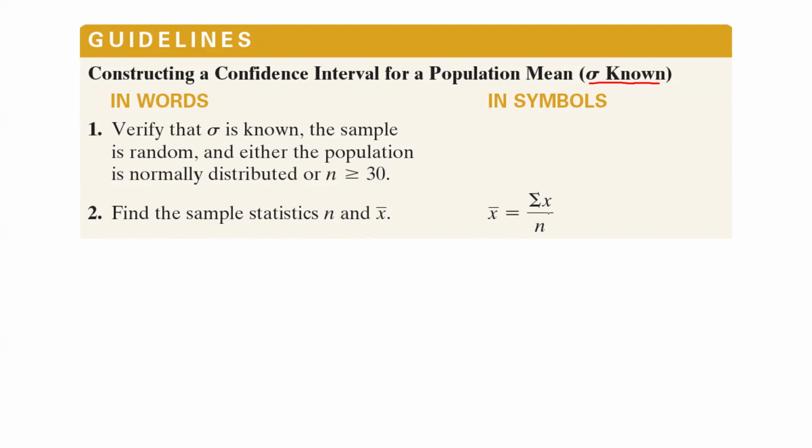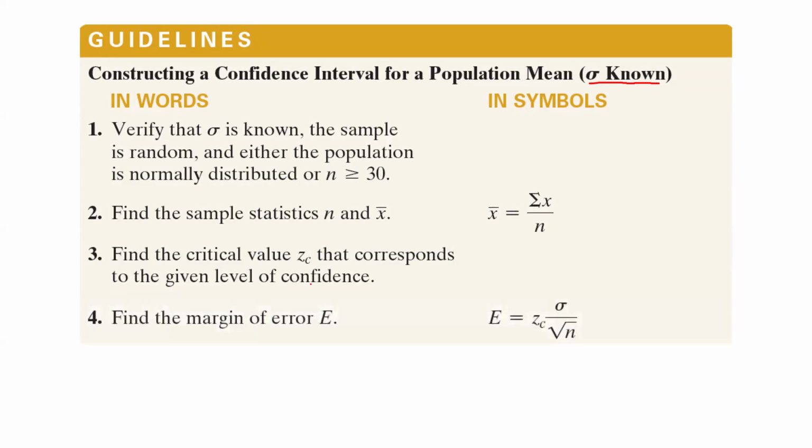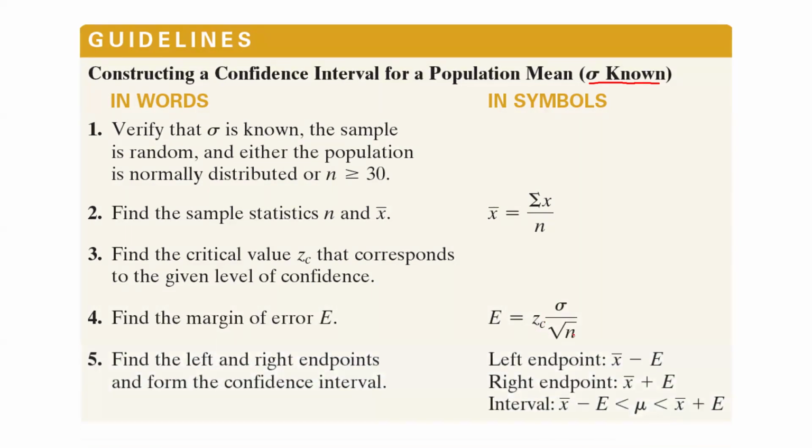And again, remember that x bar is the summation of all data in your collection divided by n. In step 3, you need to find the critical value, z sub c, that corresponds to the level of confidence that you have. And then find the margin of error E, which is defined as ZC times sigma over square root of n. And then find the left and right endpoint, and then you're done.